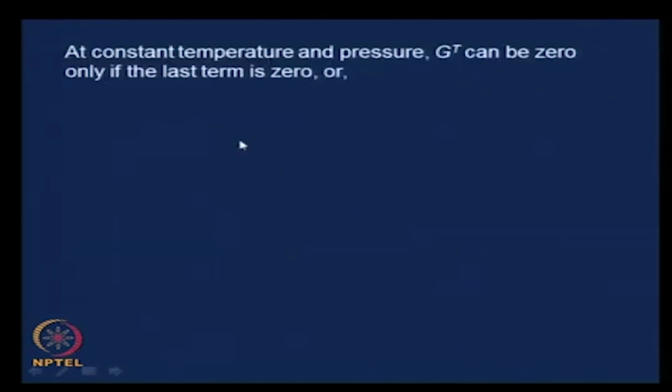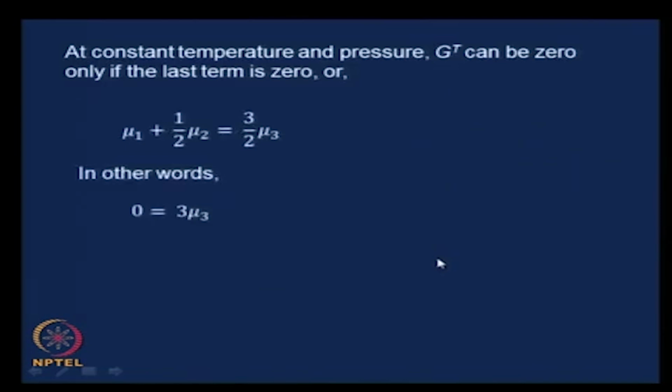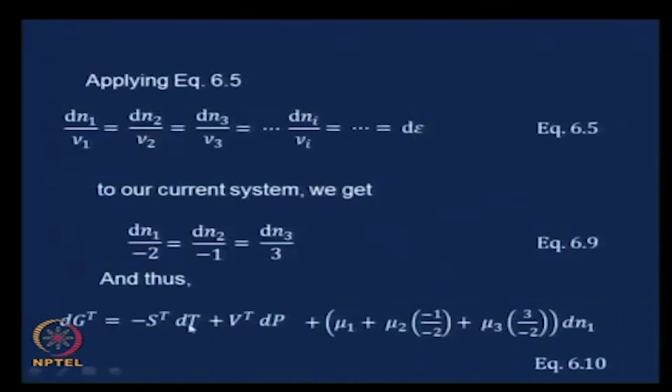And at constant temperature and pressure dG_t can be 0. It can be 0 only if the last term is 0, because at constant temperature and pressure dT is 0 and dP is 0 anyway.